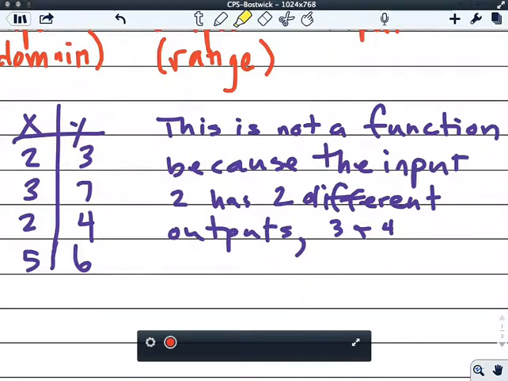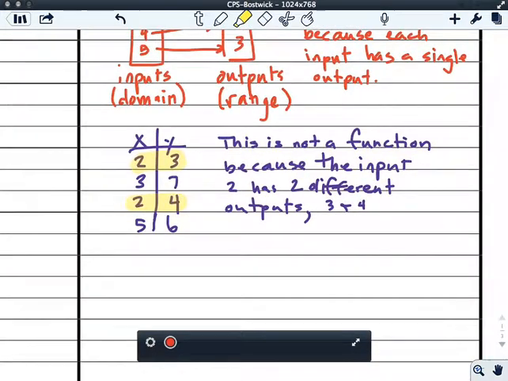And I can highlight those here. That's this input and this input. Since the input x is repeated, that's going to make it so that the output is different. And so you have something that's not a function.